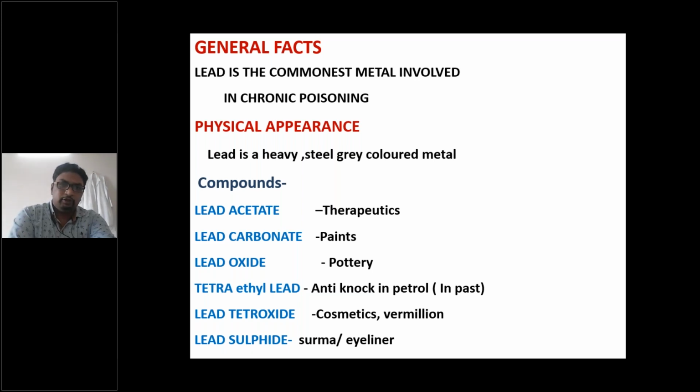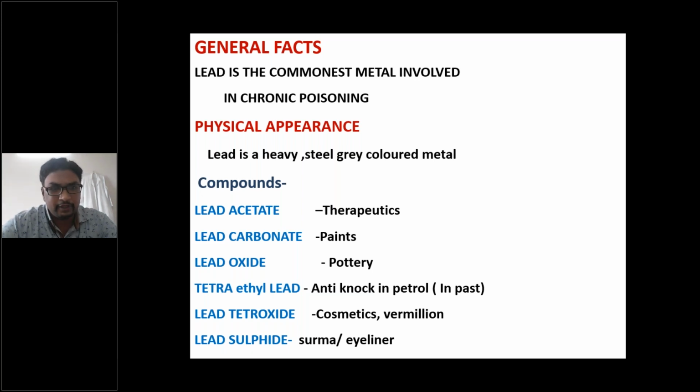We know that all metallic poisons accumulate in the body over a period of time. Mostly industrial workers and workers in the metal industry who are exposed for a prolonged time are the ones who get these chronic poisoning symptoms.